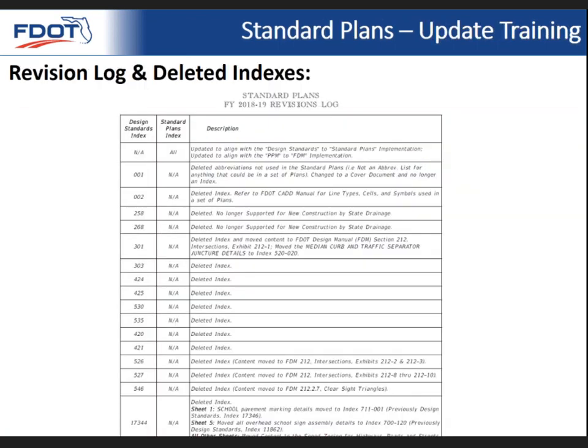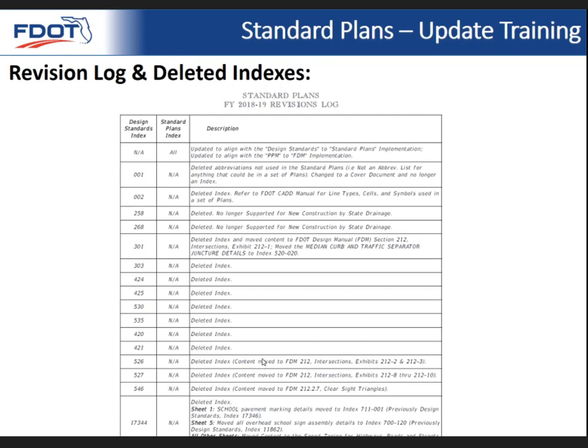So from here, another quick view of the revision log that I just showed you on the website. But what I really wanted to point out on this slide was the list of deleted indexes. Those appear first on the revision log because obviously if they got deleted, they won't be aligned with the new numbering system.